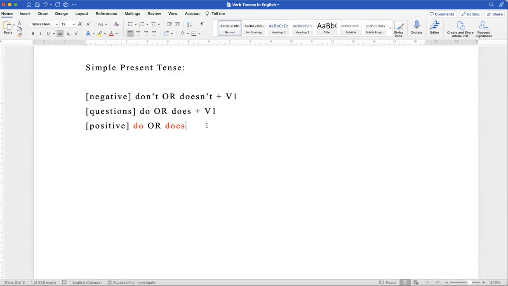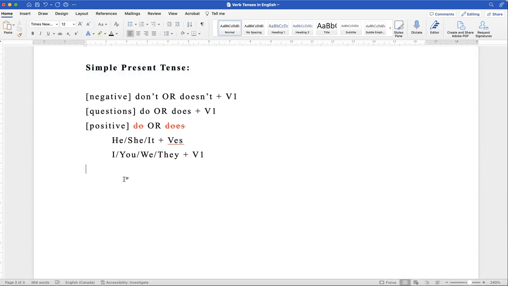So what we do instead, when the subject is he, she, or it, third person singular, we write verb, and then we write s. If the subject is I, you, we, or they, we write verb one only, no s. This is important again in your writing in general. This can be a common problem. So you need to pay attention to the form.